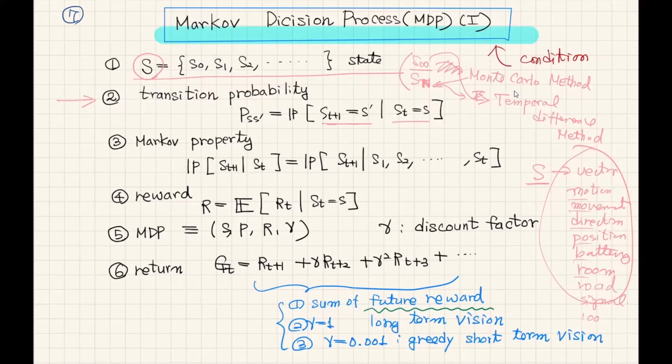That is, the probability of transition from current state S to S dash is totally determined by the current state ST. For example, if you have a robot, when you are making a decision to move to the next step, you don't care about what has been done in the past; your current movement, position, and energy are the state that will determine the next step.